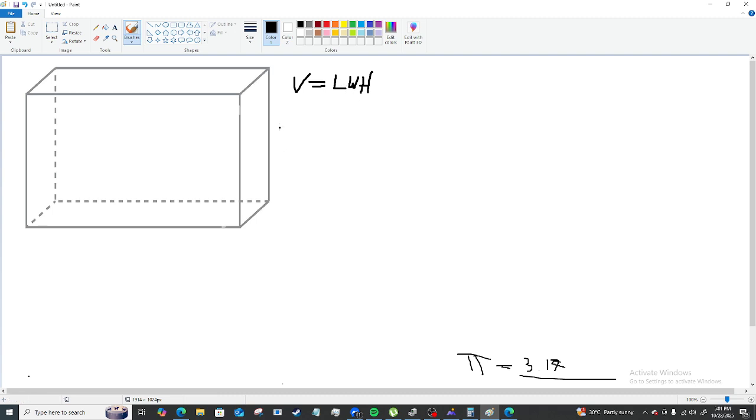Now, we get the length. Length is, for example, 3 centimeters. The width is 5 centimeters. Now the height will be 10.